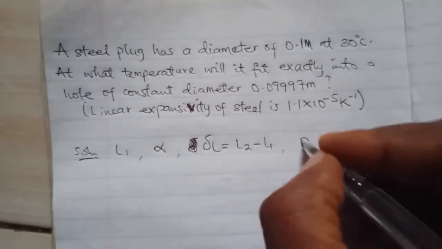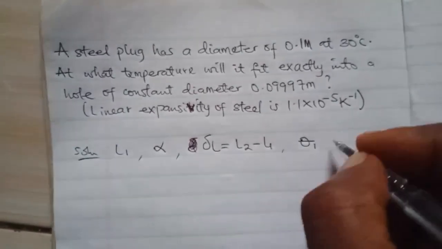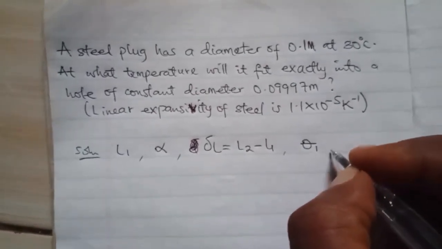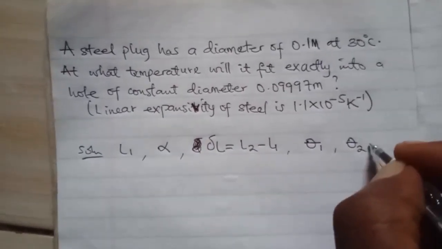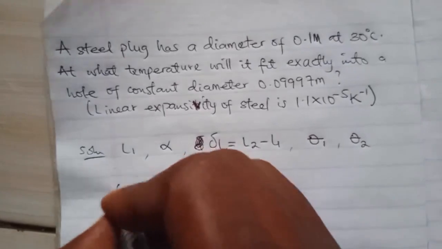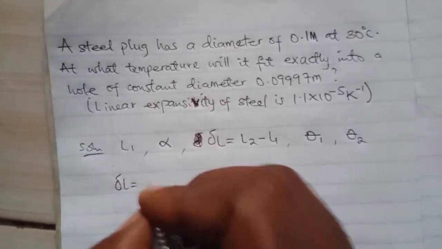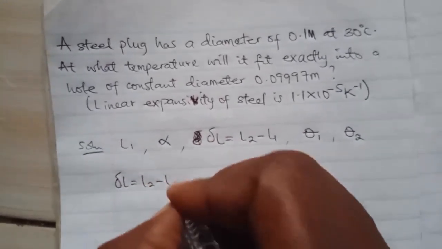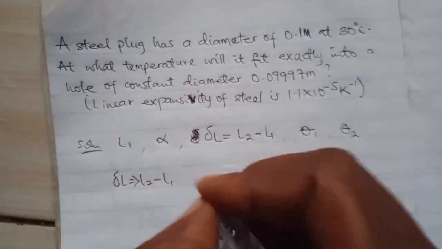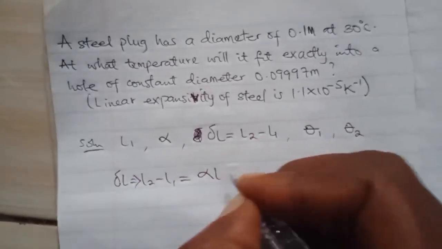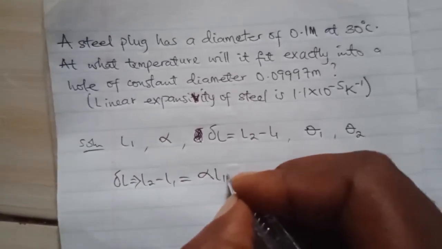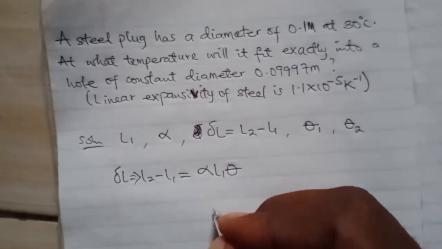Now we can use theta 1 to mean the initial temperature, and we can use theta 2 to mean the final temperature. Now if we want to get the change in length, which is L2 minus L1, it is equal to the linear expansivity multiplied by the original length times the change in temperature.